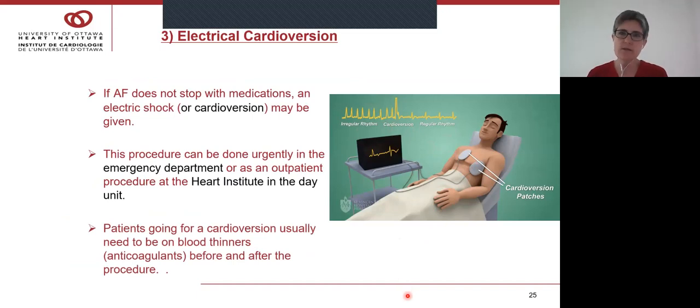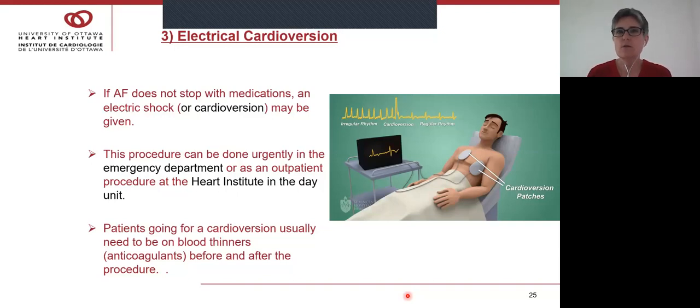The idea is we give a small electrical shock that just momentarily stops the electrical activity in the heart. Sort of think of it as rebooting your computer. The goal is to give your sinus node a chance to come in and take over as a natural pacemaker, again, to sort of override the atrial fibrillation.